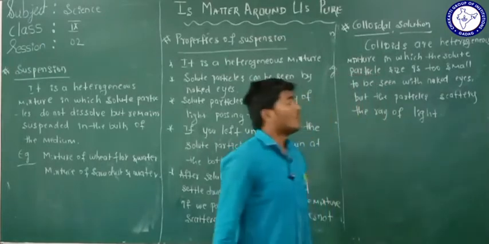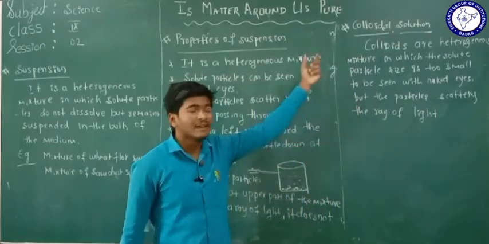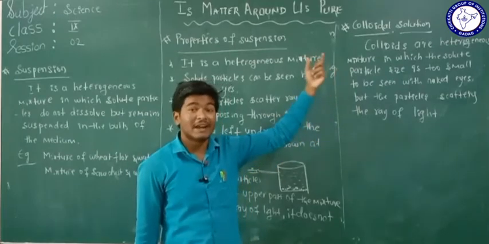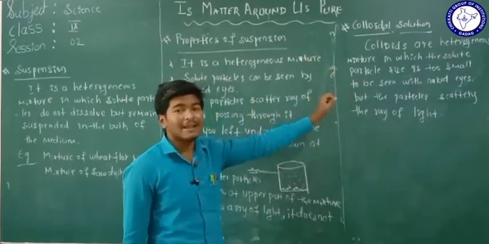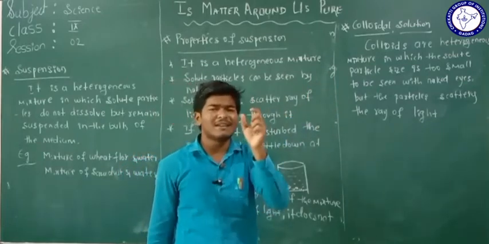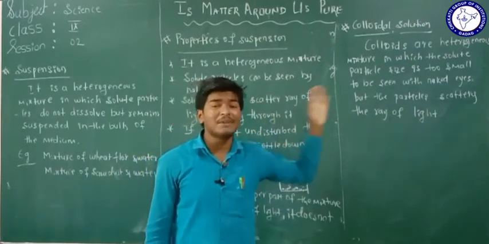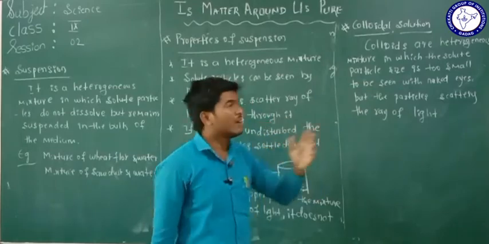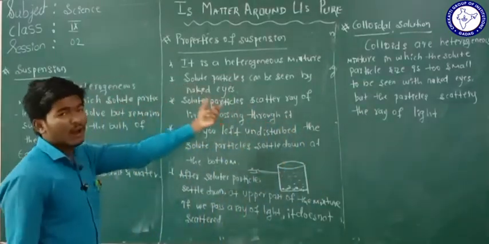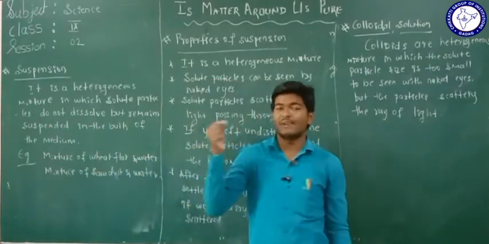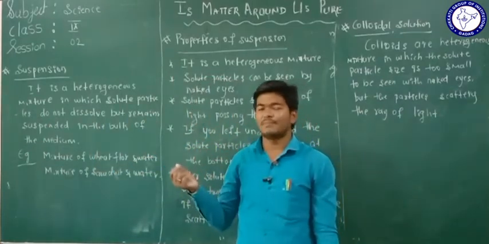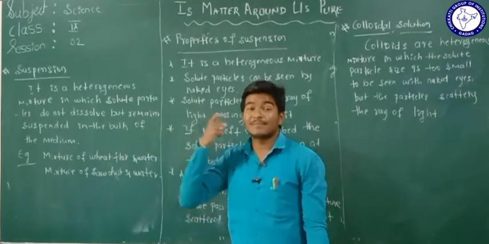What is a colloidal solution? It is also a type of heterogeneous mixture in which the size of the solute particles is very small. They can't be seen by our naked eyes. The difference between suspension and colloid is that in a suspension the size of the solute particles is very large. We can easily see the solute particles with our naked eyes.